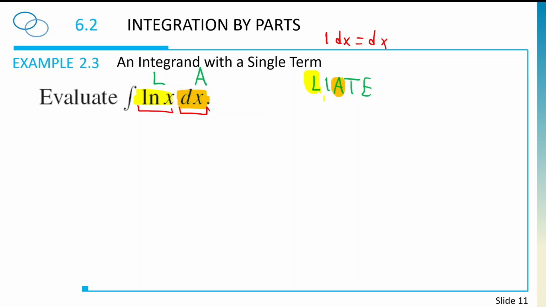Which one comes first in the word LIATE? L, the logarithmic function.